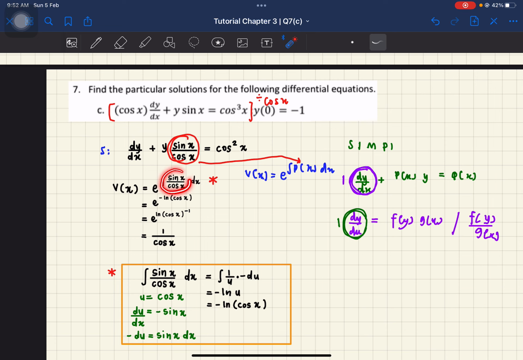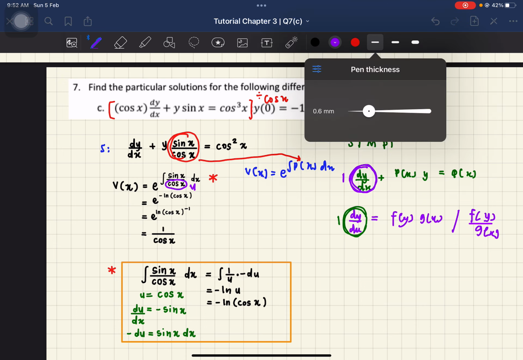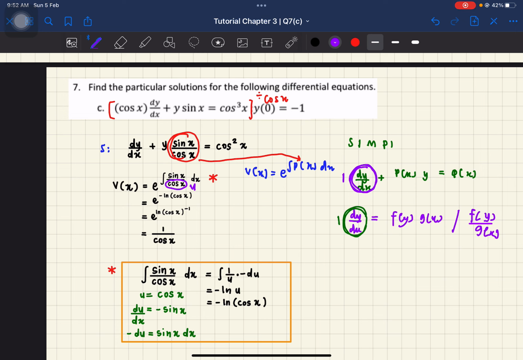Saya ada sin di dalam ini, which is dekat bahagian atas. So this is what I get: negative sin x dx. Kita dah tukarkan yang di bawah ini menjadi u. This one has become u. Yang belum jadi u adalah sin x dengan dx.